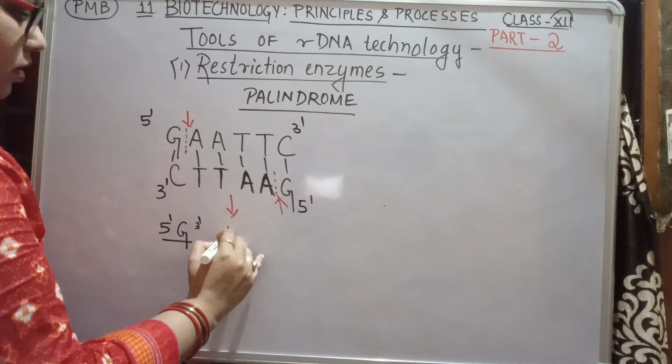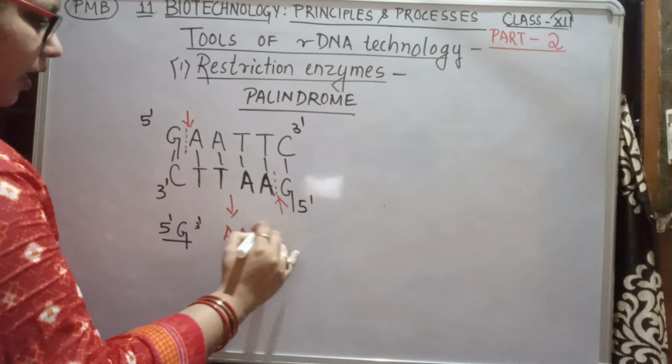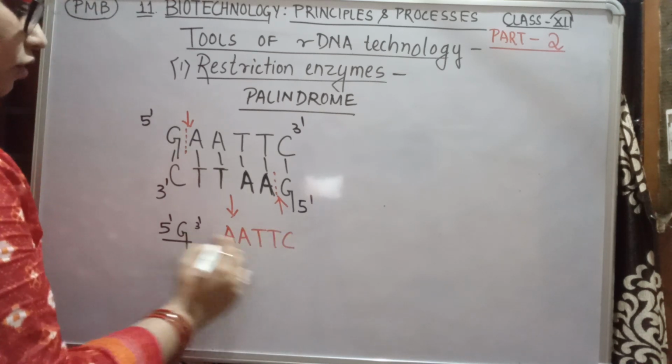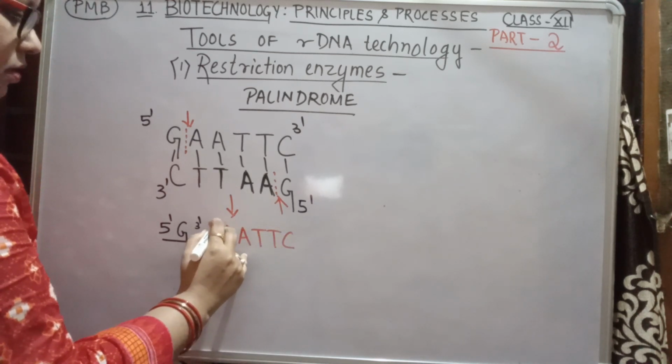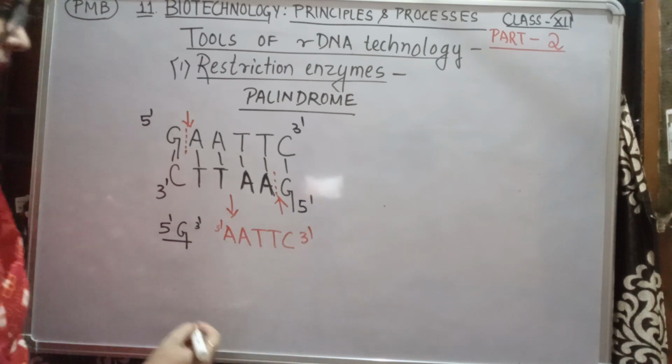The separated one would be AATTC, again going from 5 prime to 3 prime.